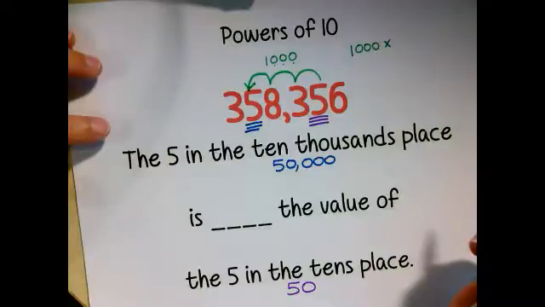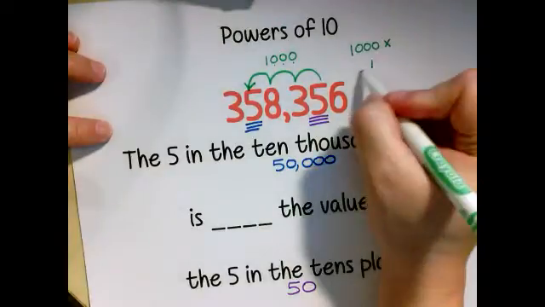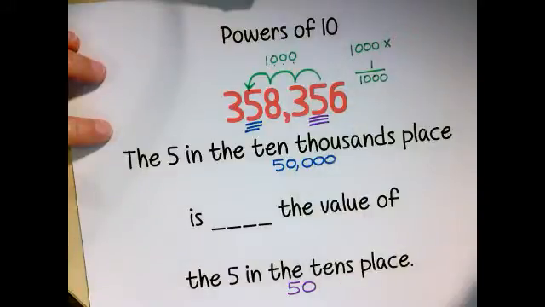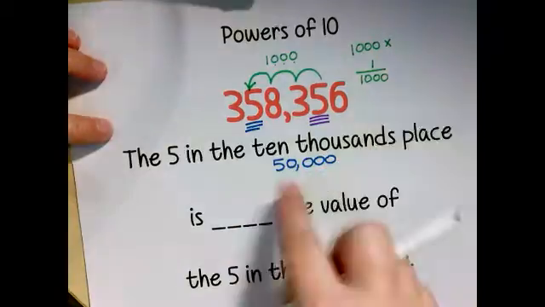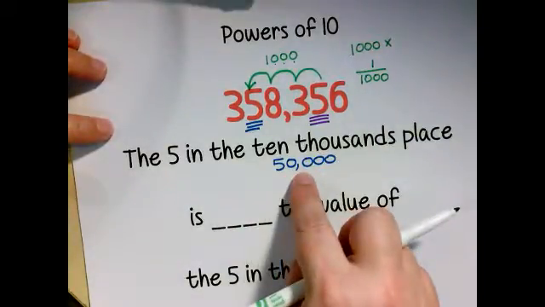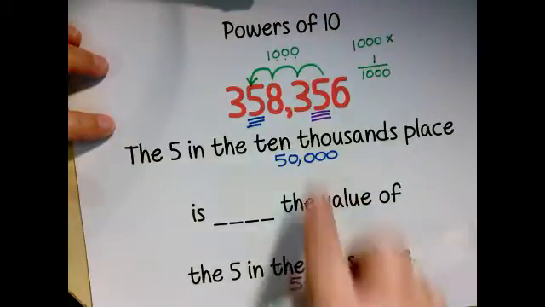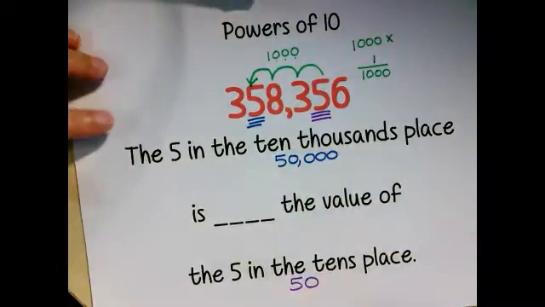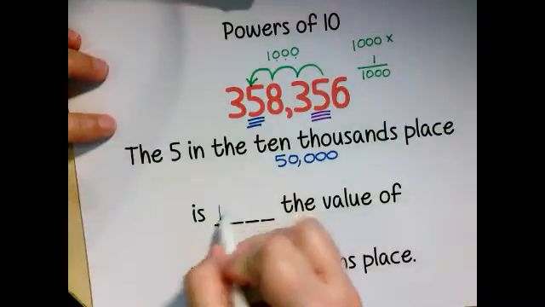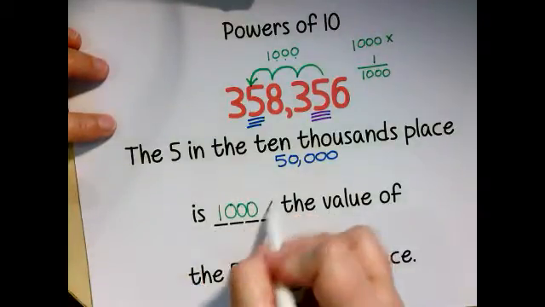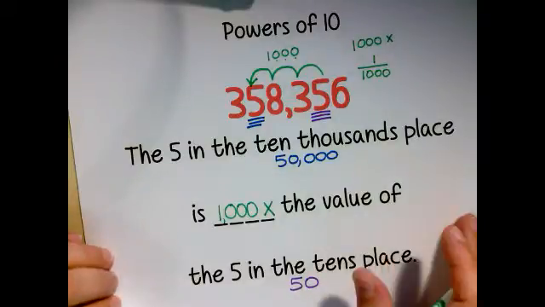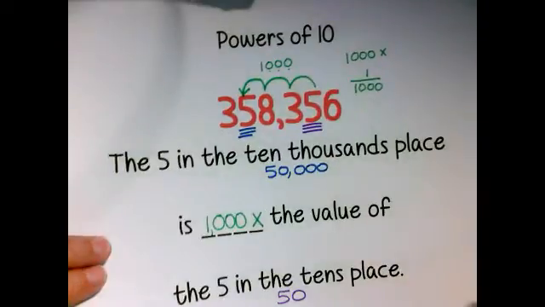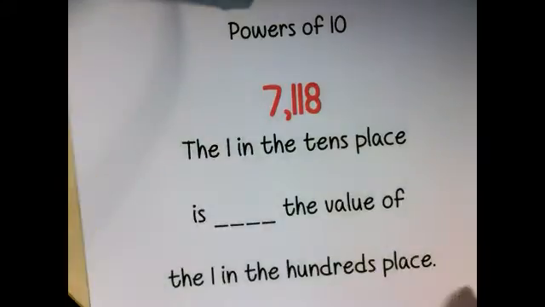Or if it's going to be 1,000 times smaller, I can write it as a fraction. So 1/1000th. So these are my two choices here. Is the 50,000 1,000 times greater than 50, or is it 1,000 times smaller than 50? And I know that it's actually 1,000 times greater. So that's how you would complete these problems. Sometimes you really need to use some scratch paper, and don't try and just do it in your head. That can get you into a lot of trouble.